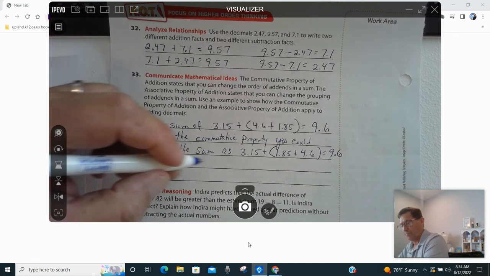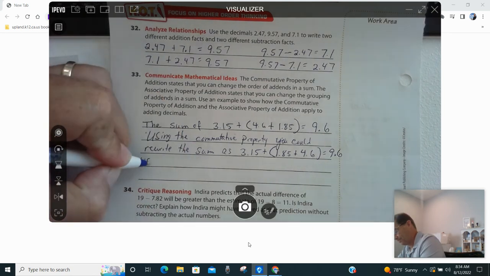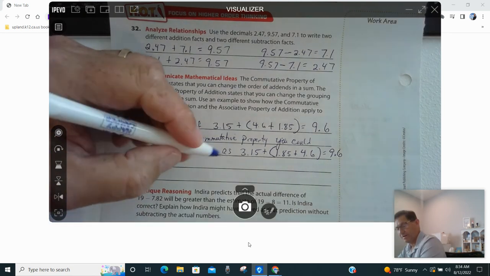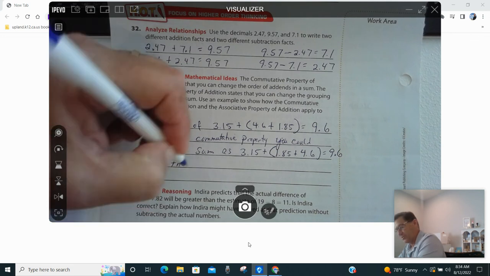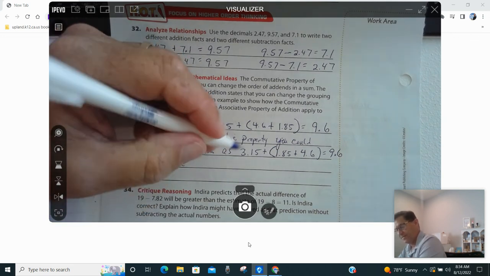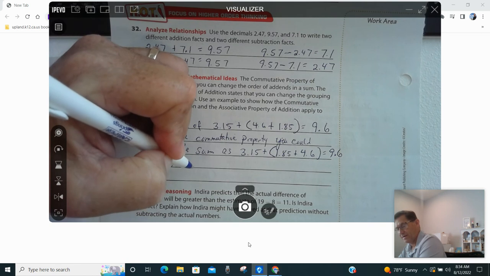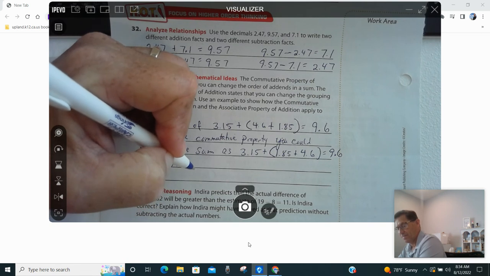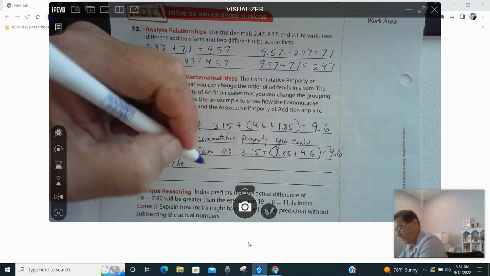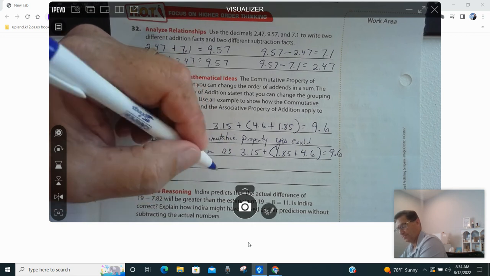And the associative property, that's grouping things differently, right? And so when I look at 85 hundredths and 15 hundredths, I recognize that that's going to end up as one whole. So why don't I combine those two?